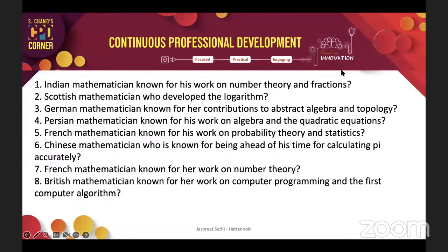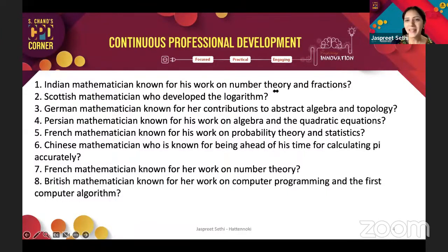You started getting some responses. Yes, I'm seeing that. Awesome. I have a lot of people saying Ramanujan. Actually, no, but that's fine. And we have some names. So now people are just throwing names. Euler, no. For the Scottish mathematician, no. Persian mathematician known for his work on algebra and the quadratic equations.